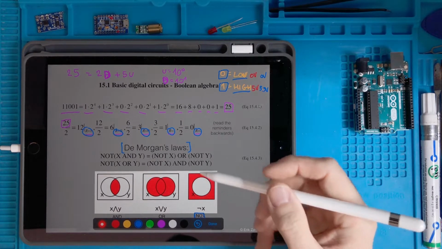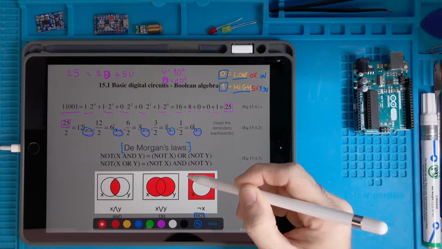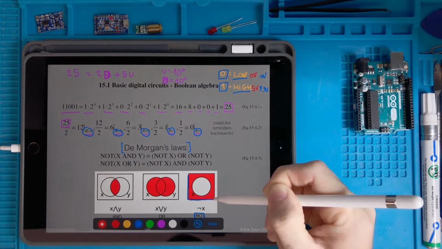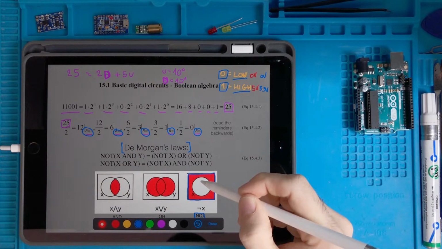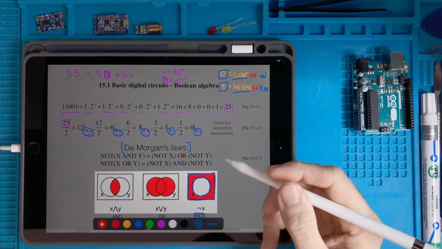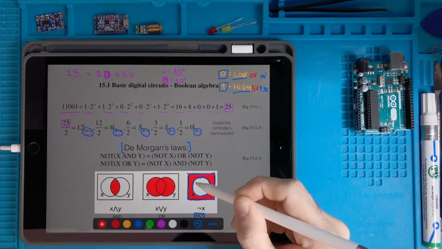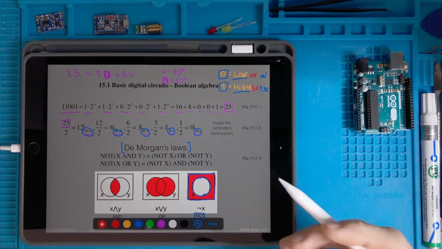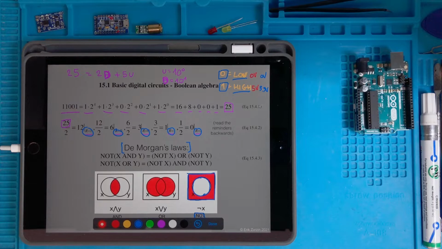So here what we have is an environment, a set, and then a subset, or let's say better, the round circle. The circle is a set and the other one is the environment in which this set is placed.